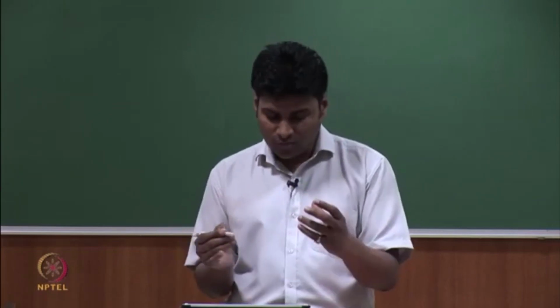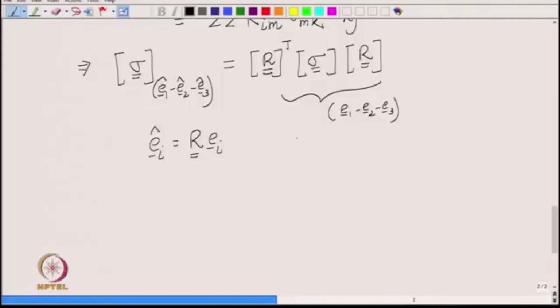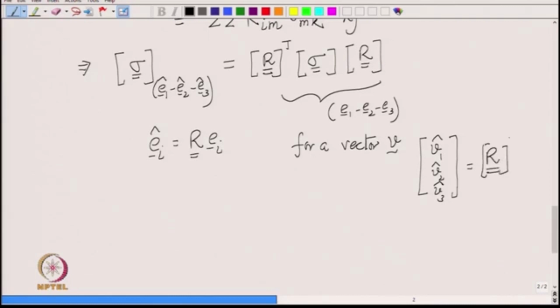And if you want to relate the two, you will see that for a vector V, V1 hat, V2 hat and V3 hat is equal to this R transpose times V1, V2, V3.